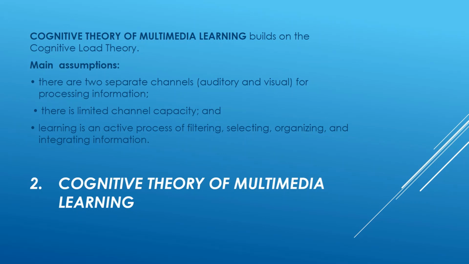Based on cognitive load theory, Mayer has introduced cognitive theory of multimedia learning. Cognitive theory of multimedia learning, noting that working memory has 2 channels to gain information and process information.